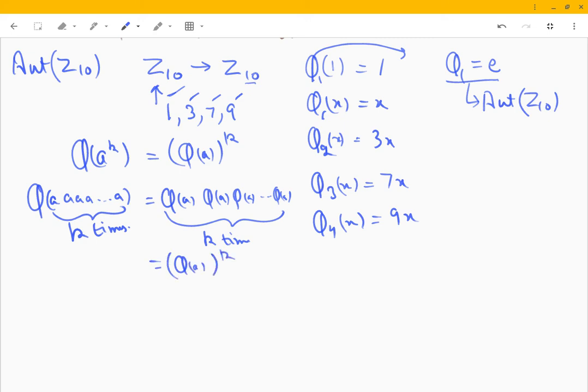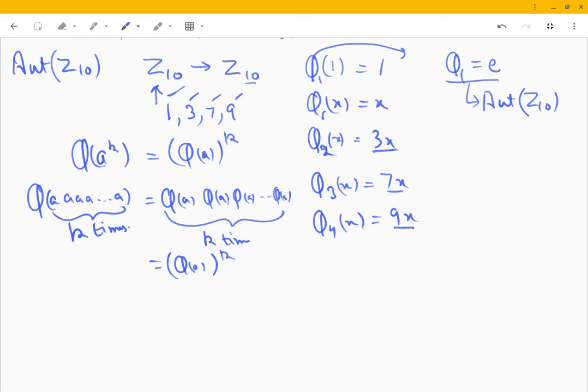So by this property, we can say that all the generators of Z10, if we define isomorphisms taking them, will form a one-one onto map onto Z10, right?